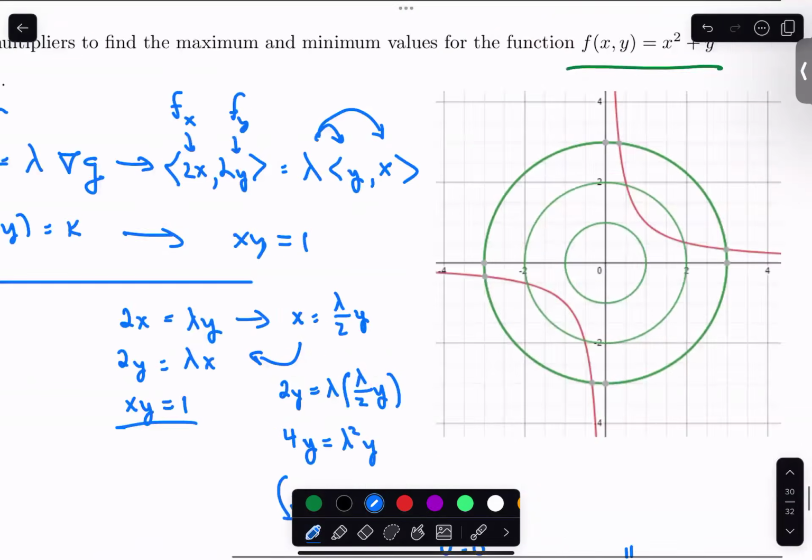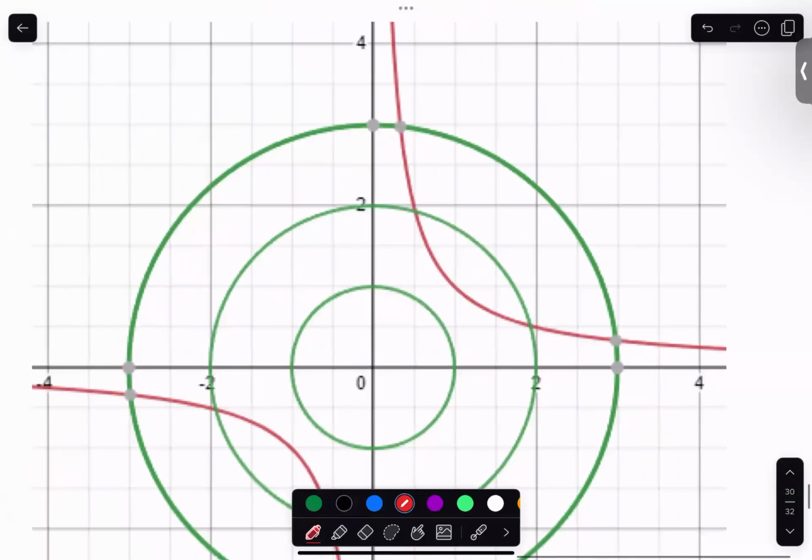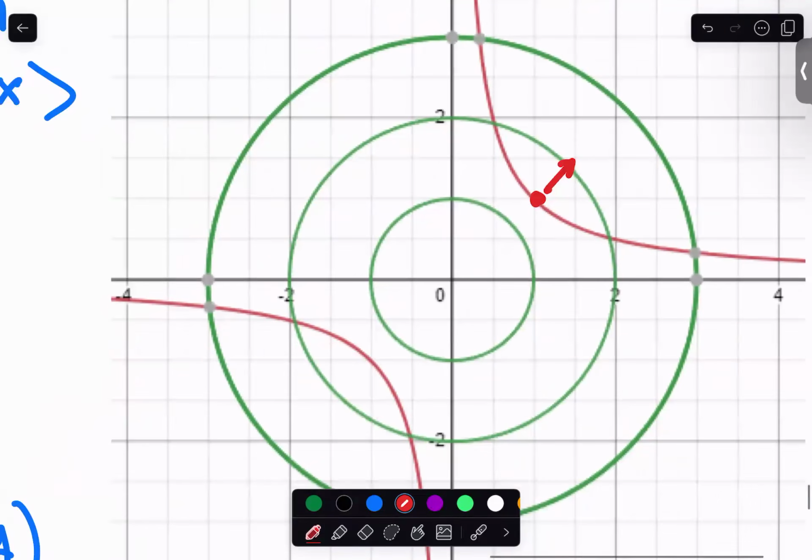Let me go ahead and showcase here some normal vectors. So at 1, 1, maybe a normal vector would look something like this for our constraint equation, right? It'd be perpendicular to the curve. And at negative 1, negative 1, we'd have some normal vector perpendicular to the curve.